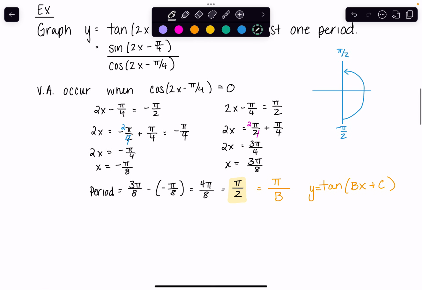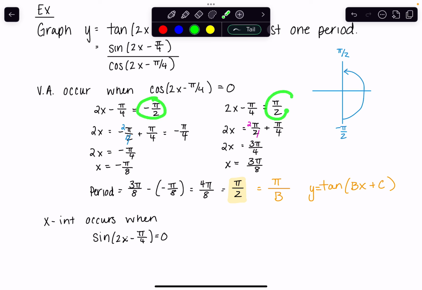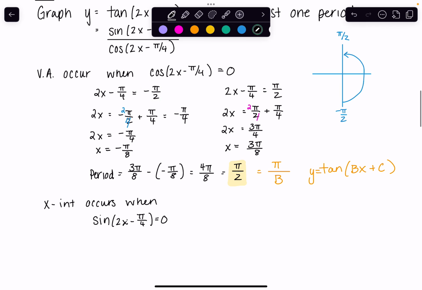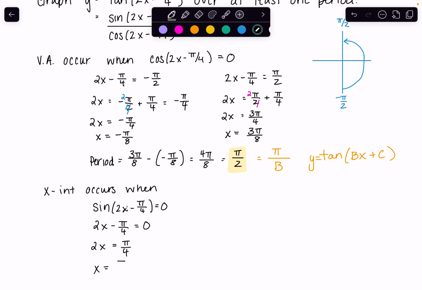So the x-intercepts occur when that numerator is equal to 0, and the angle that happens for between the two vertical asymptotes is exactly here at 0. So it occurs when the inside equals 0. So solving for x, we go ahead and add pi over 4 over, dividing by 2 gives us pi over 8.